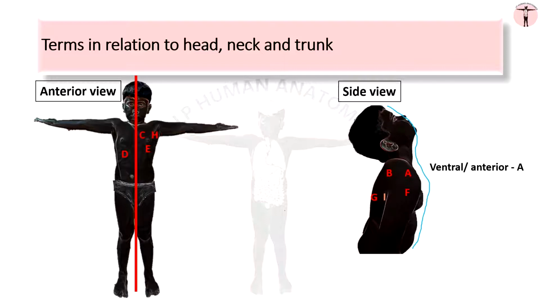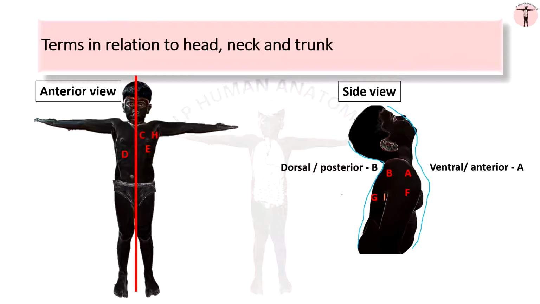Dorsal or posterior is the part behind, that is the posterior part, the back of the head, neck and the trunk.